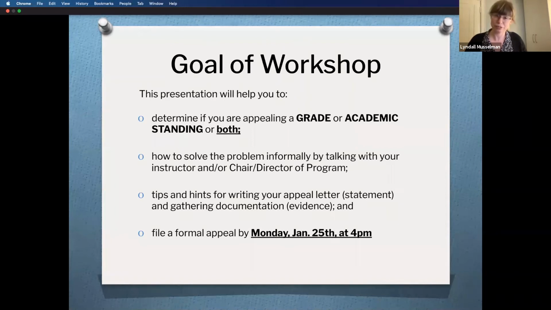And you might be asked to show some documentation around your case to explain why you won't be able to meet the deadline.